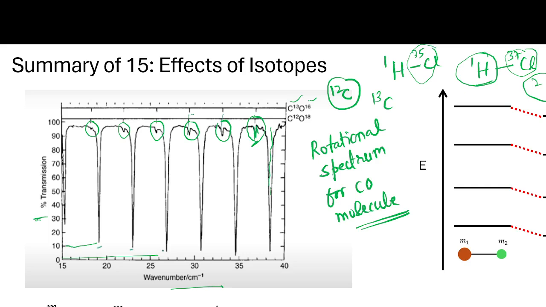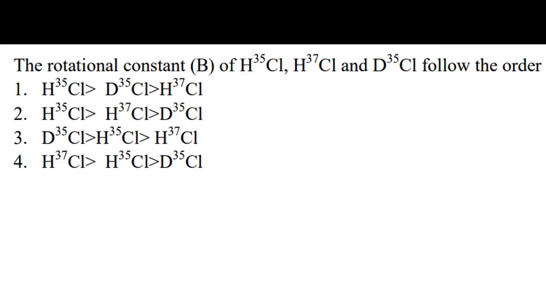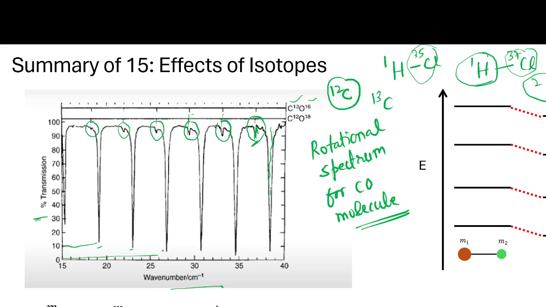Because of isotopes, let's say this peak is around 37 centimeters inverse, but this is around 35, correct?